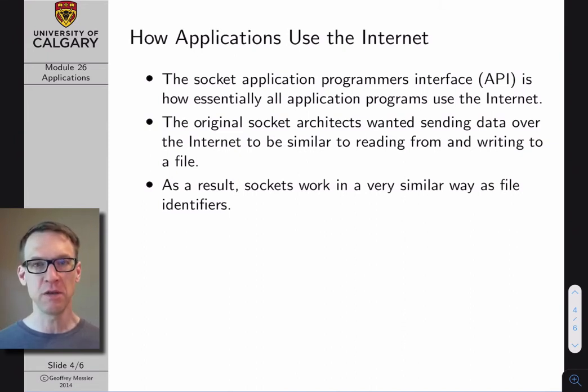And the most common API for internet communications is the socket API. Sockets are a very, very old concept. They were developed almost the same time as the internet and have existed to the present day. We're going to, in this module, work through a socket programming example using C, which is one of the oldest languages, I guess, to use sockets, perhaps the original language.